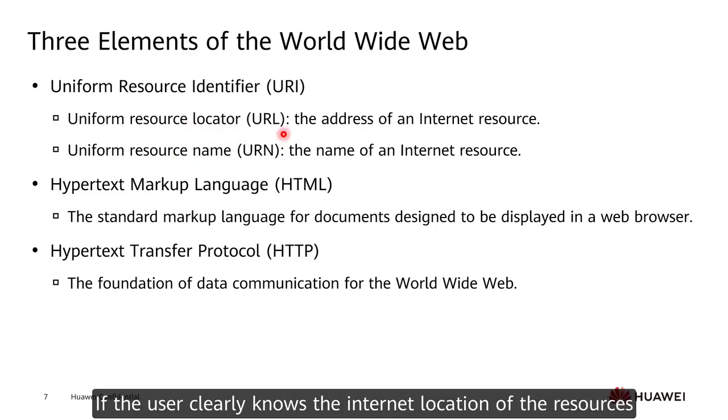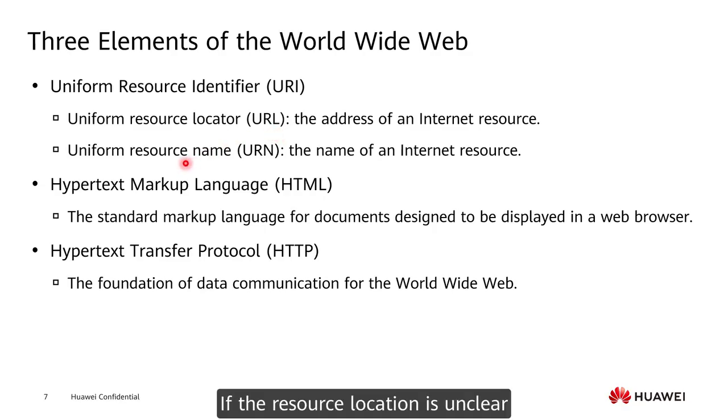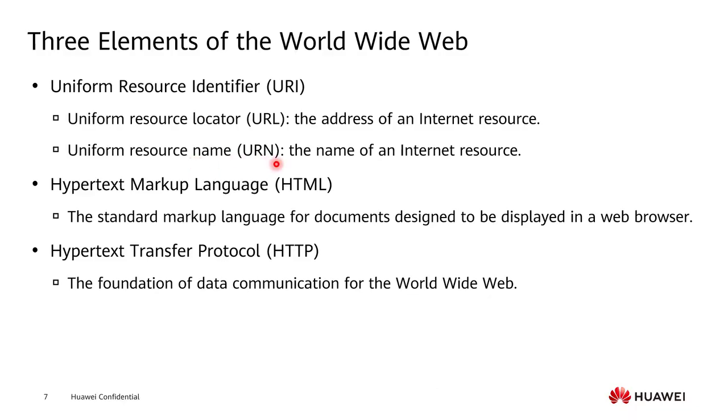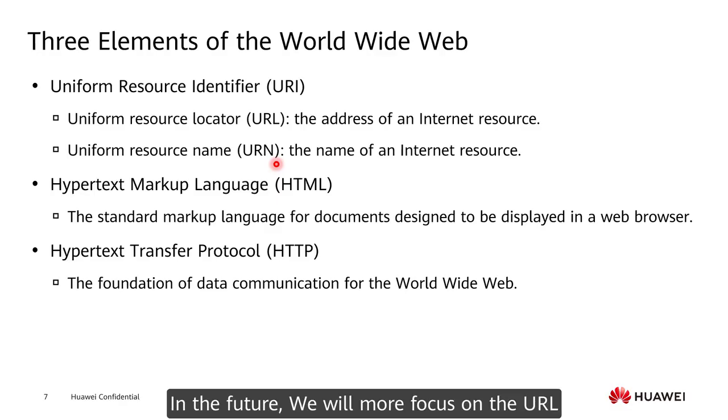If the user clearly knows the Internet location of the resources, that is URL. For example, 3w.huawei.com. If the resource's location is unclear, the URN is used. For example, P2P download. In the future, we will focus more on the URL, which is used more frequently.